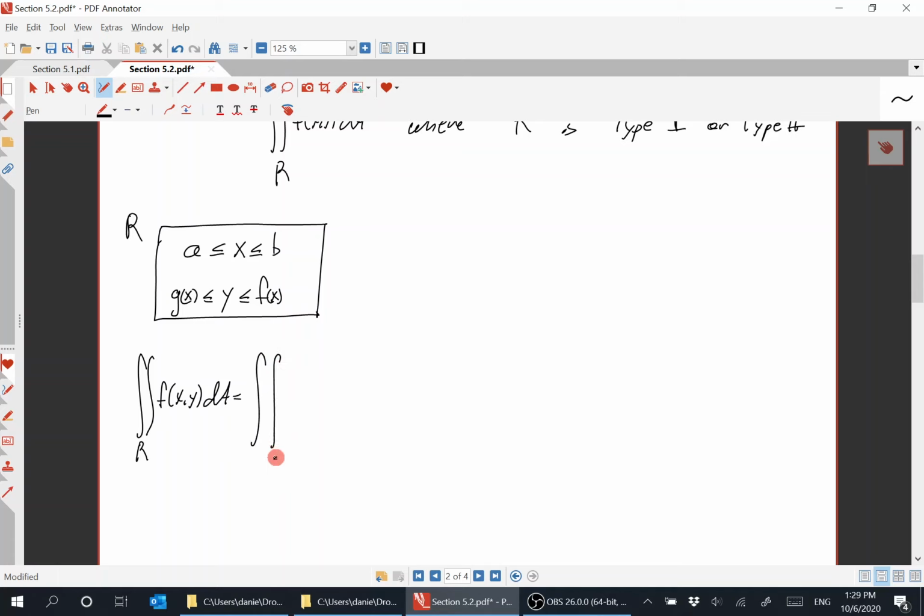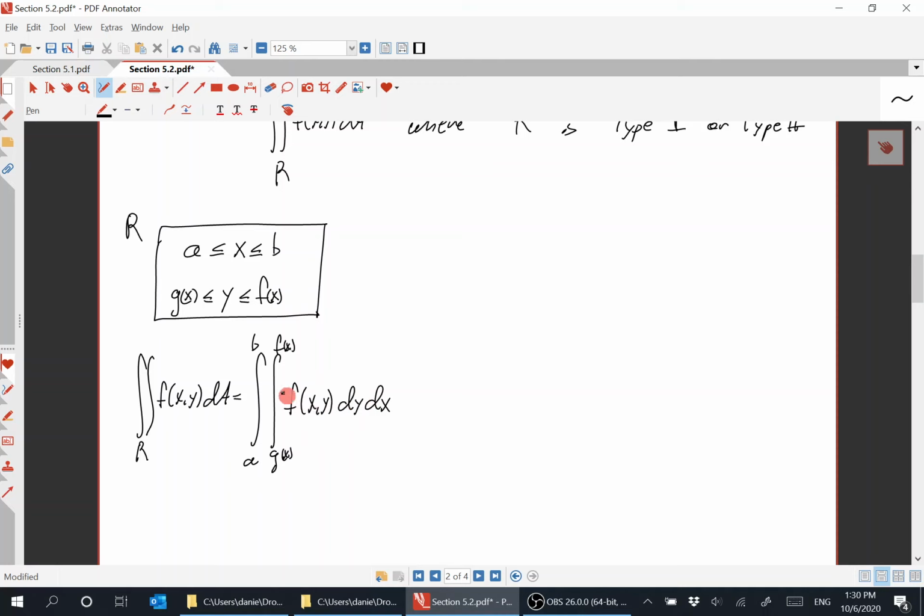You can only do it one way here, from g of x to f of x, and then from a to b, of f(x,y). So first we're doing integration with regard to y, and then integration with regard to x.